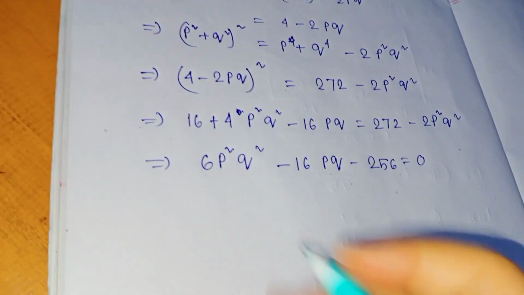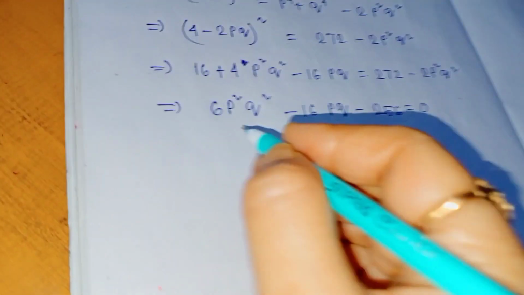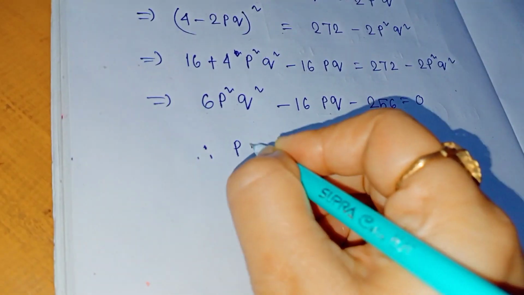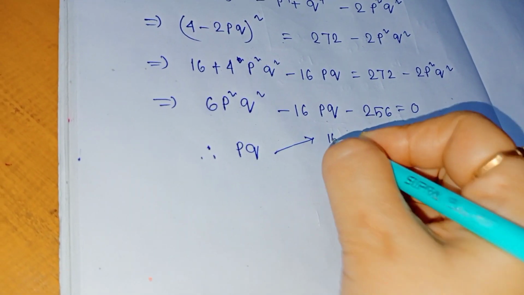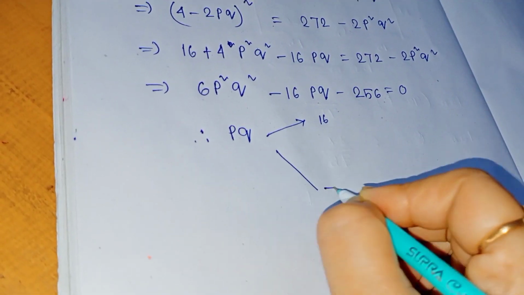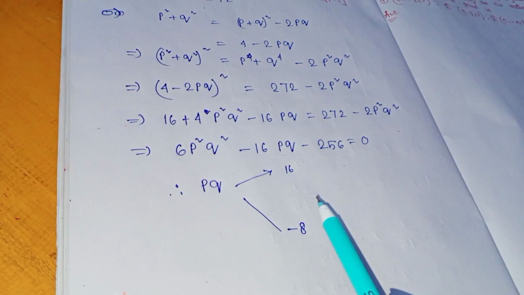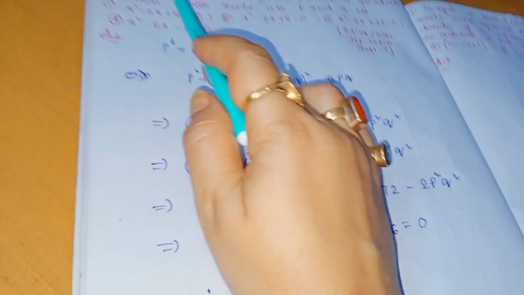So after solving this, it is a pq quadratic equation. So after solving this, we get pq is equal to firstly 16 and then it is minus 8. So we know the value of pq and p plus q.